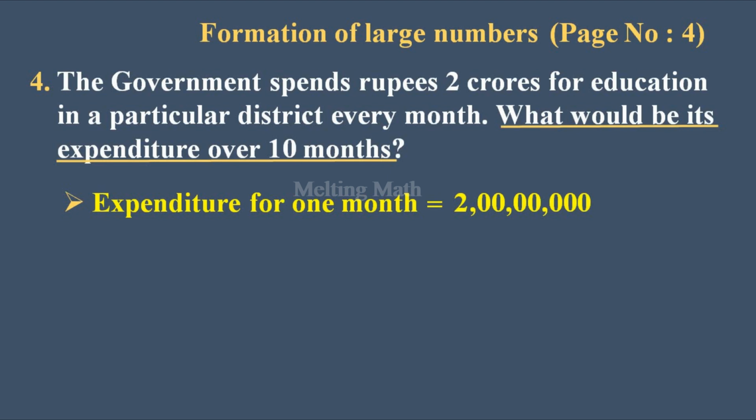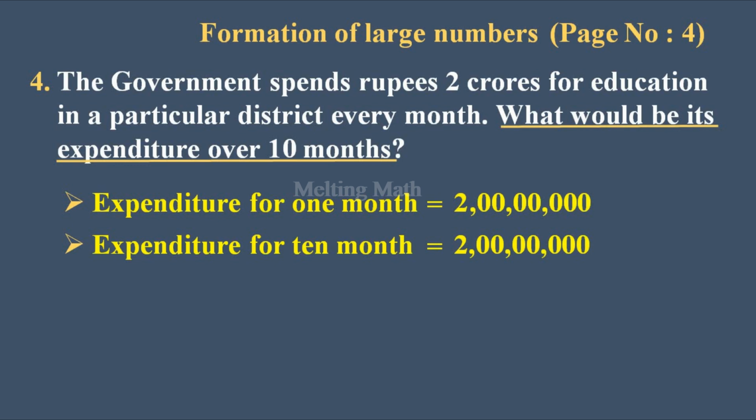Okay, so if the government spends 2 crore in 1 month, then how much does the government spend for 10 months? That is the question. So next write: expenditure for 10 months equal to, first write the expenditure for 1 month, that is 2 crore. Next, here they asked 10 months, so just multiply with 10.